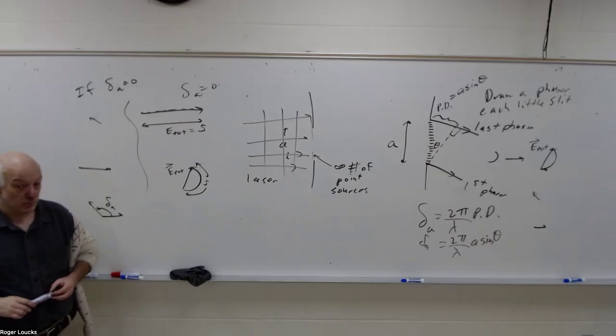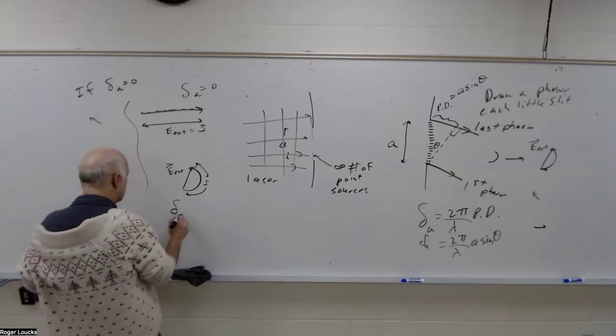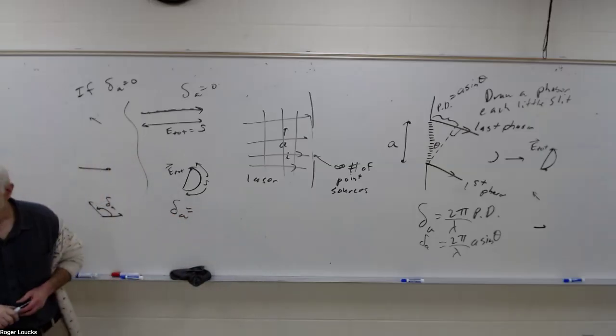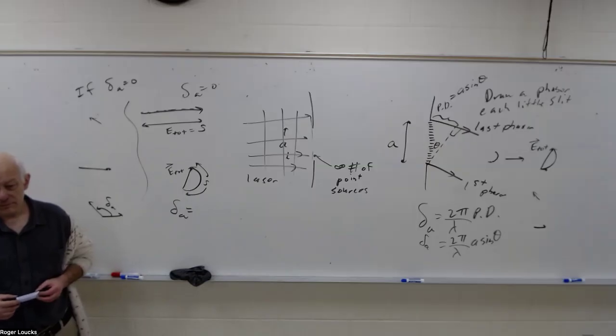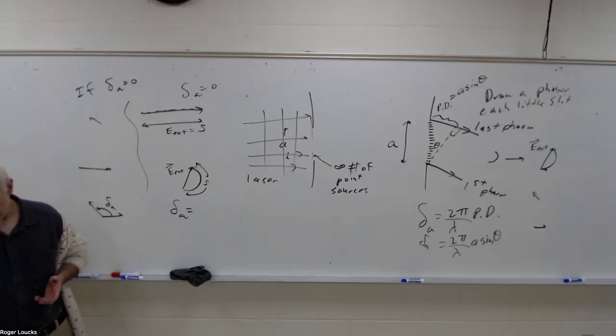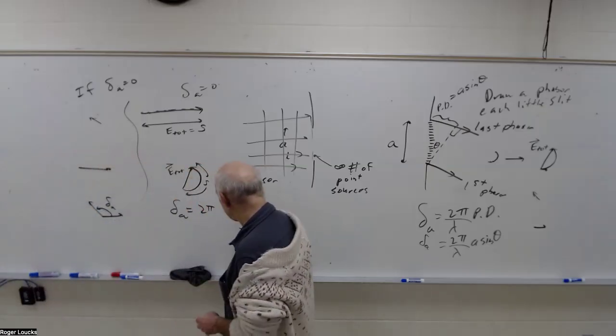When would I have a minimum? It makes a circle. So what delta A do I need to make a circle? 360, 2 pi. Okay. I'm going to have this.